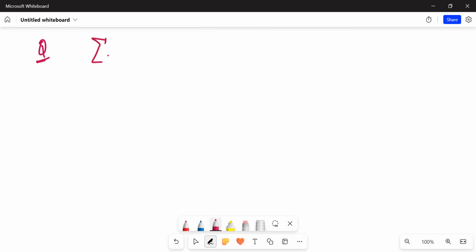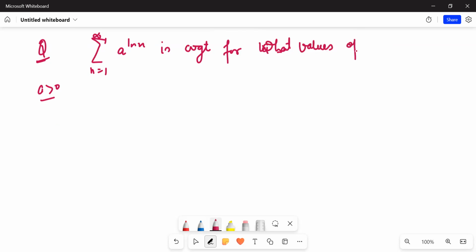Summation n equals 1 to infinity of a raised to power ln n is convergent, and here a is greater than 0. So for what values of a do you expect a raised to power ln n to be convergent?